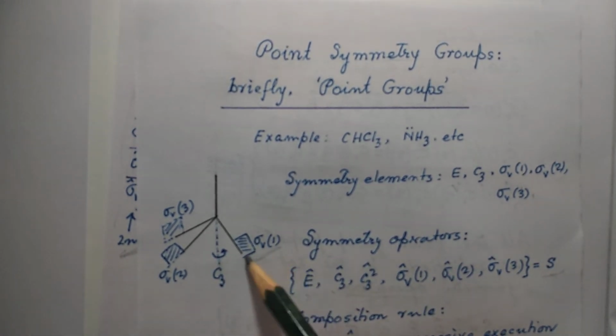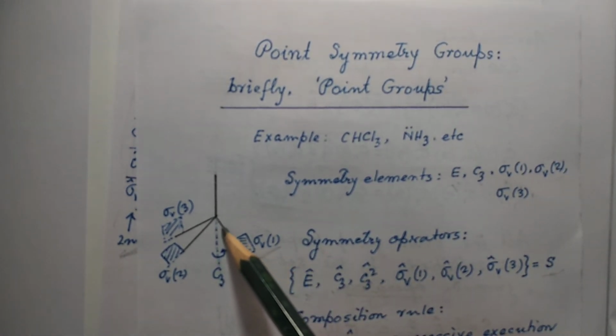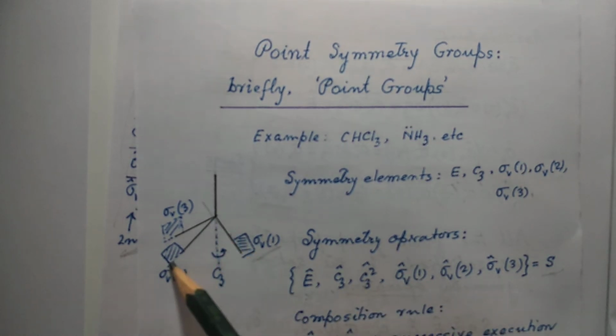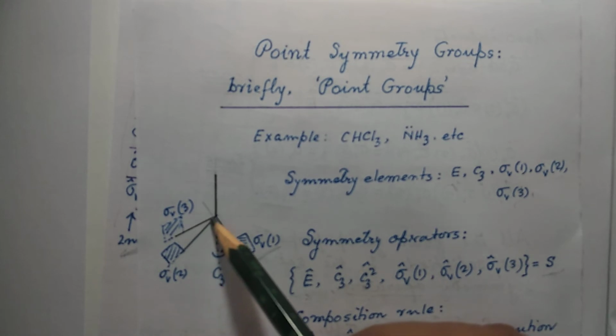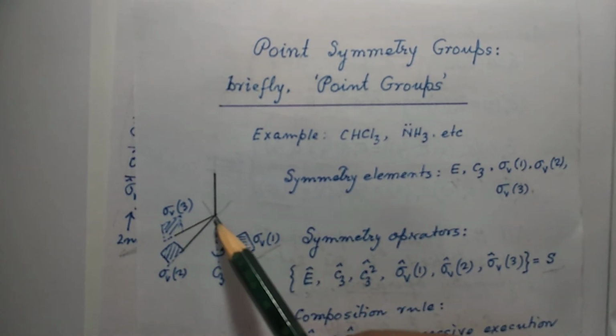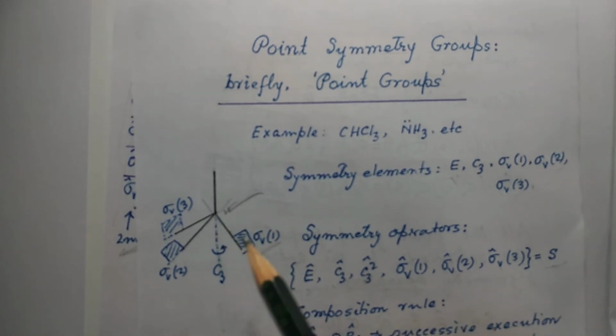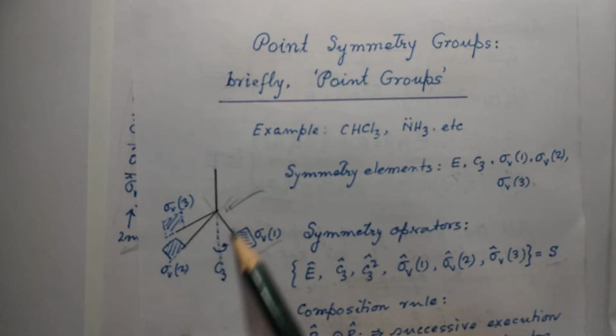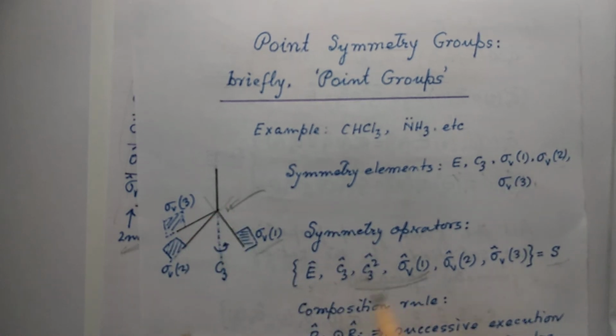Similarly, the sigma v1 plane keeps all the points on this line unmoved. Sigma v2 keeps all points on this line unmoved. So this central point remains unmoved by all the symmetry operators in this collection.